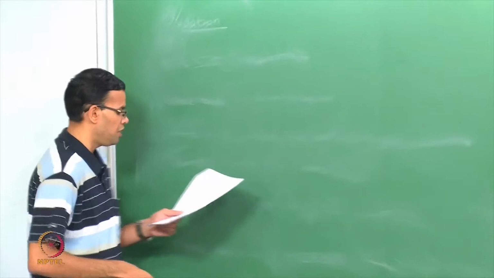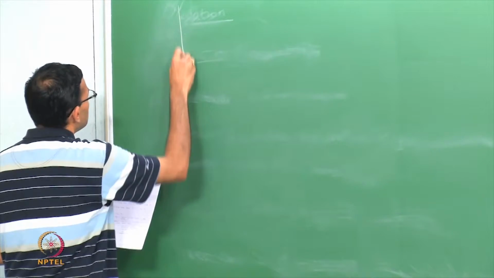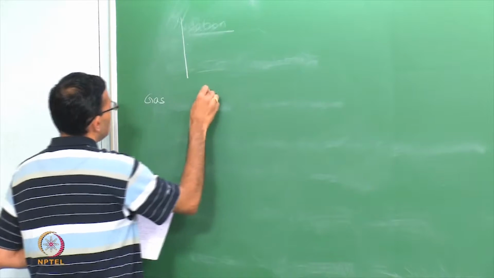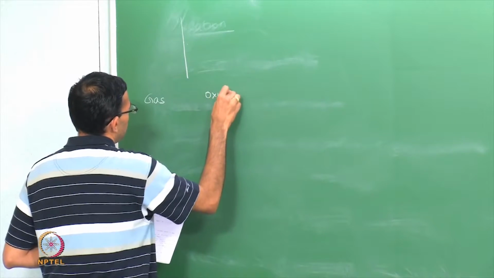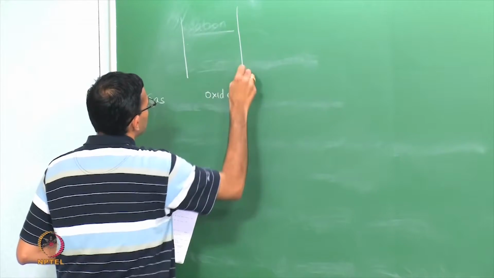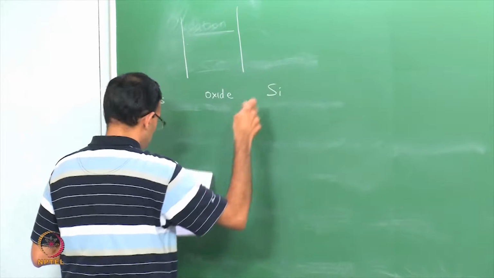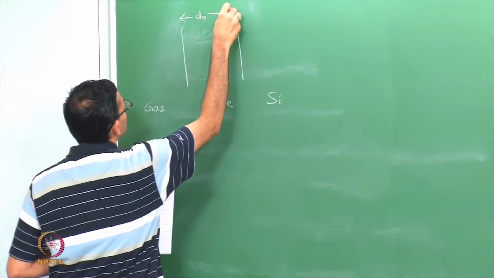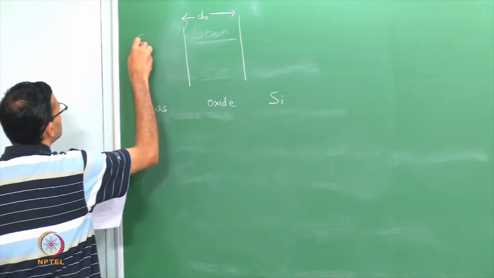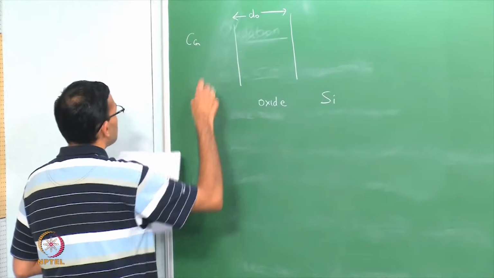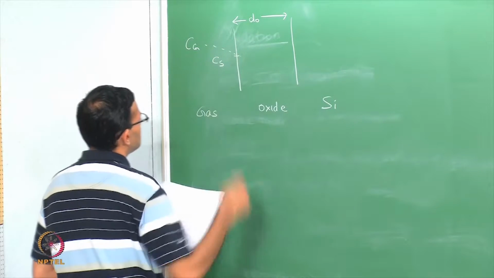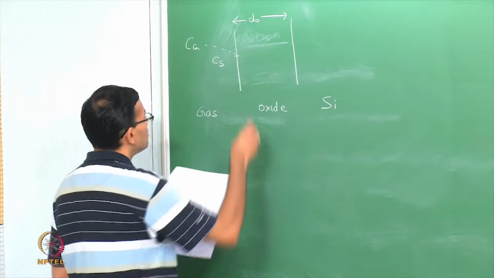So, let me just redraw the diagram. I have a gas phase, I have an oxide phase, and then I have a silicon. The oxide has some thickness d naught. The gas has a bulk concentration Cg, and there is a surface concentration Cs.